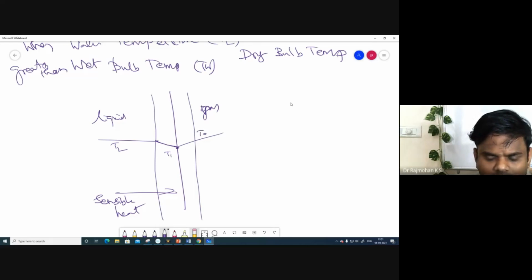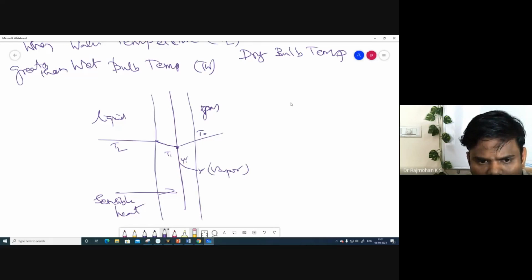And the same way we are going to have the mass transfer profile, yi to y dash, because this is the water vapor leaving from liquid to gas, air. So this is the mass transfer profile, and the temperature profile is from TL to Ti, and there is a V-shaped recovery to T naught.